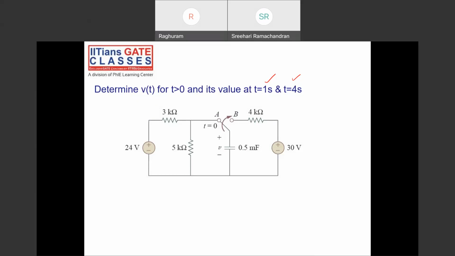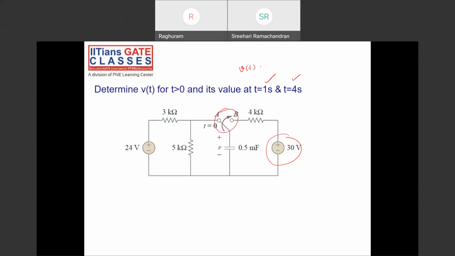Okay, so this comes under the step response, because even after the switching action, there is a voltage source, right? So what is the equation? It's an RC circuit.